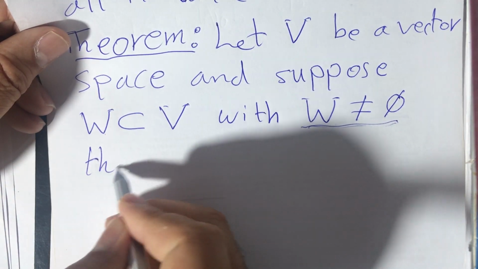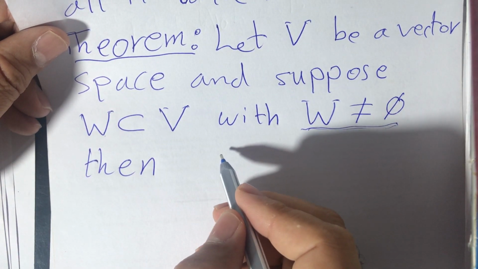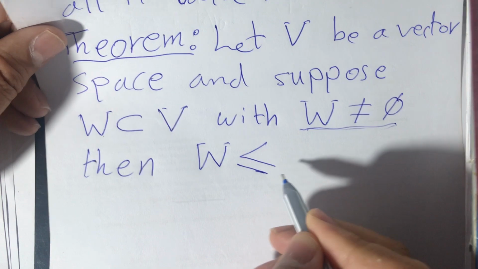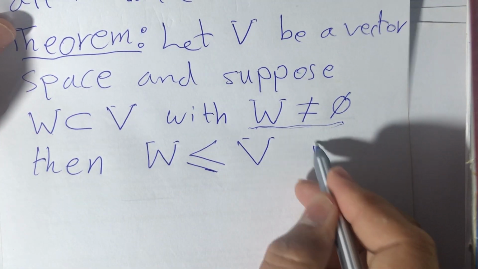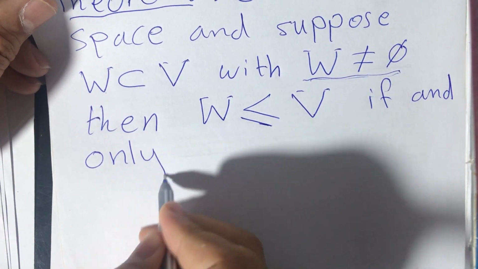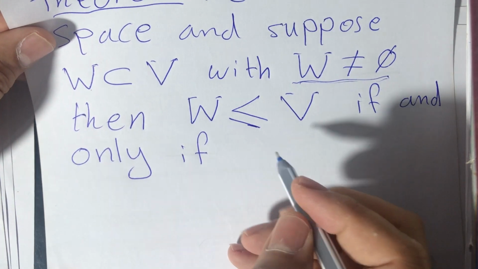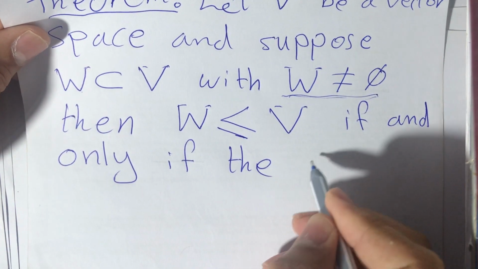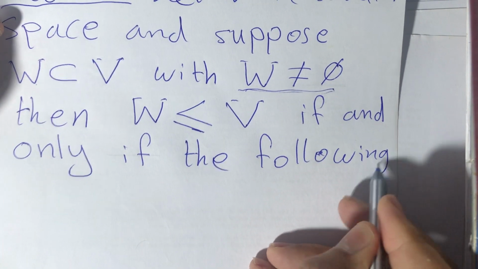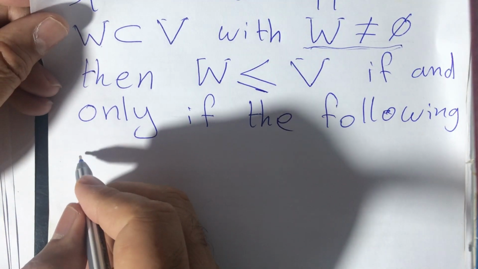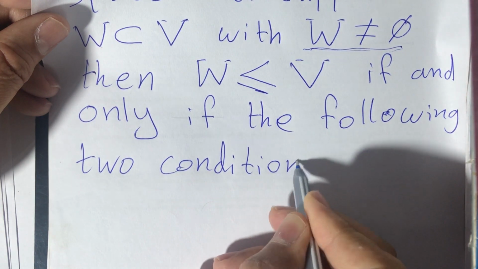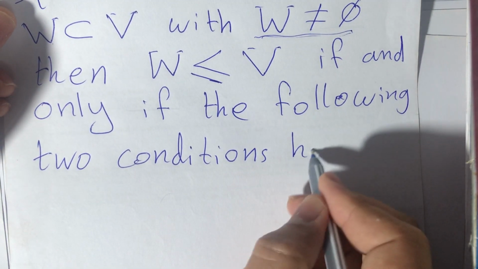Then W is a subspace of V if and only if the following two conditions hold true.